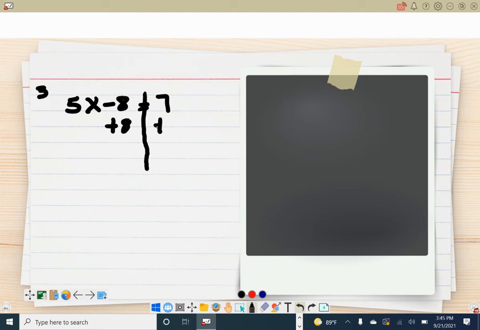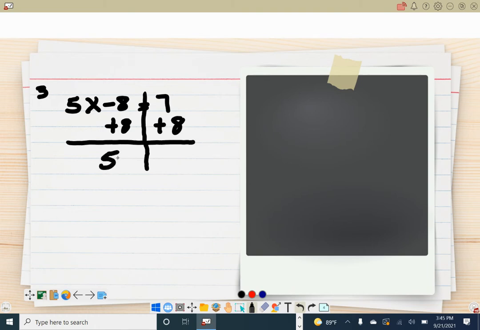We're going to do problem 3. We have 5 times x minus 8 equals 7. So if they're multiplying by 5 and they're subtracting the 8, my two opposites are going to be add the 8. Whatever I do on one side, I have to do on the other.